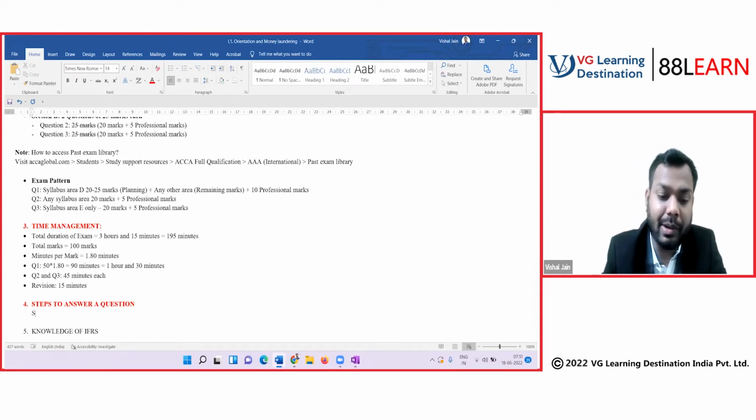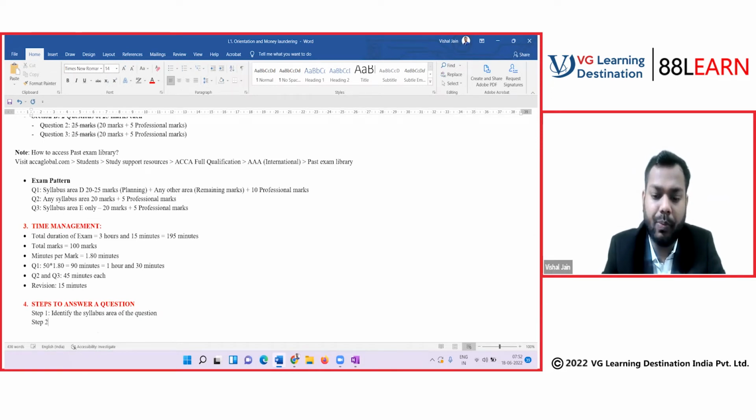There are steps for that, and you have to follow them. Step 1: identify the syllabus area of the question by reading the question. When you start reading the question, you understand which syllabus area it pertains to, right?